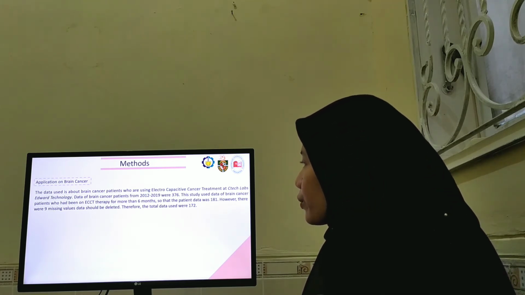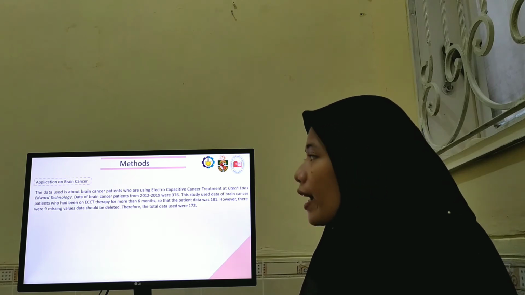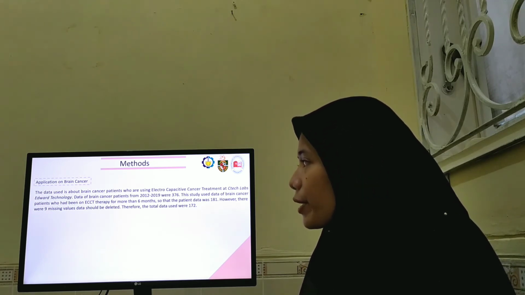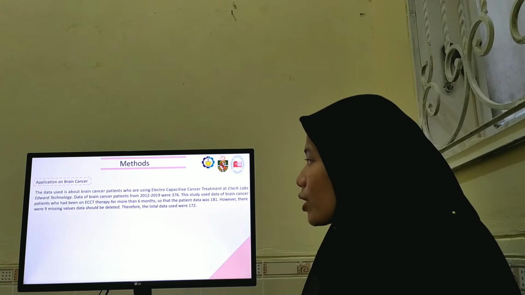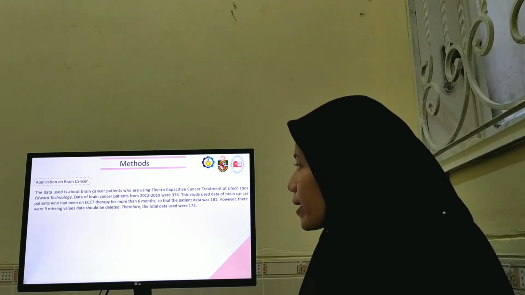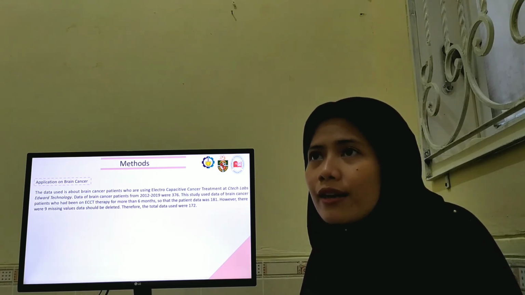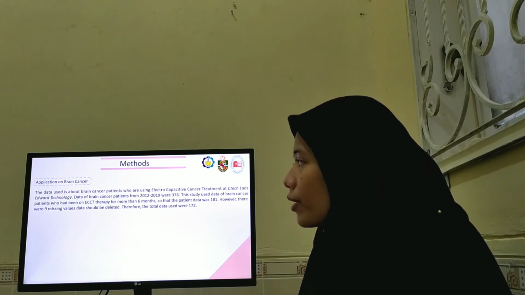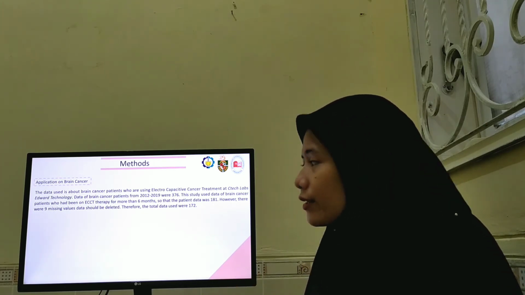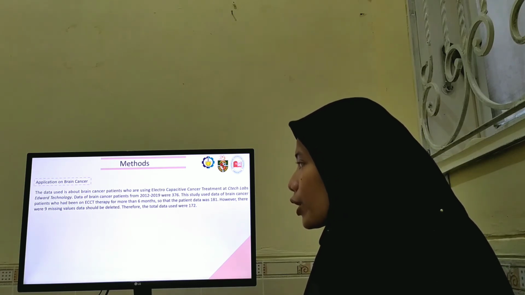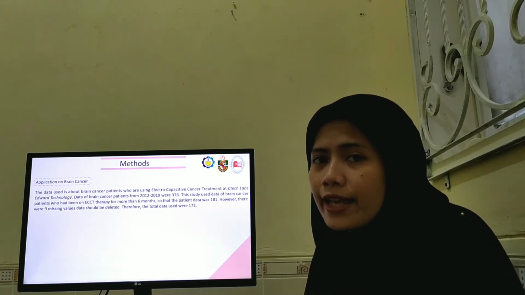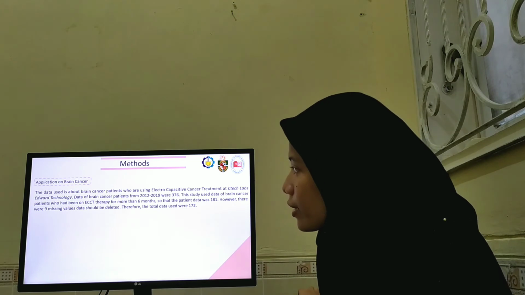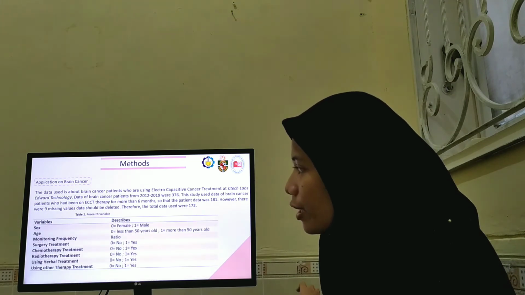The study used data of brain cancer patients who had been on ECCT therapy for more than 6 months, so the patient data were 181. However, there were 9 missing values that should be deleted. Therefore, the total data used were 172. Here are the research variables.